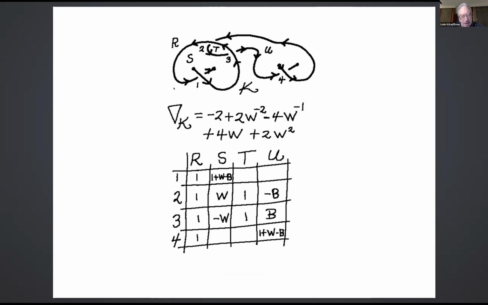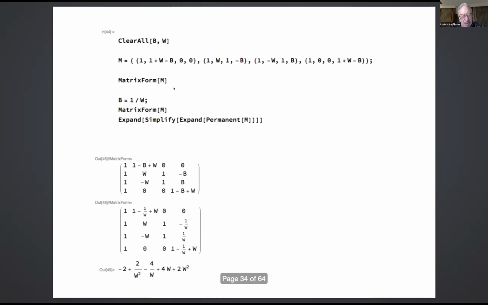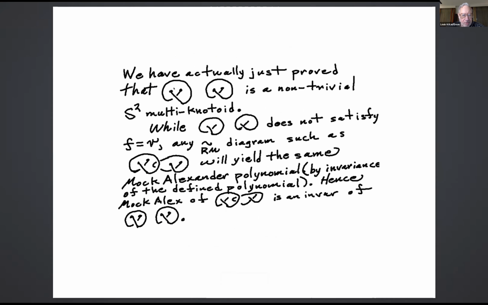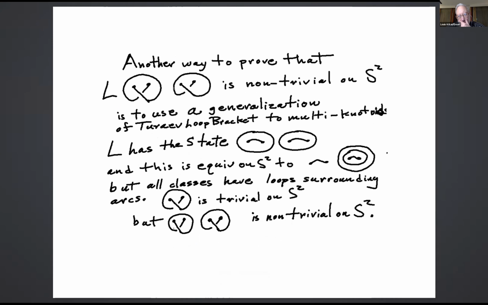That's actually working in the 2-sphere. But you can do it other ways if you want to. You can use the bracket expansion of the Jones polynomial, and also prove that it's non-trivial. When you do it that way, this is a digression, thinking of doing the Jones polynomial kind of state sum, then you get loops around arcs.